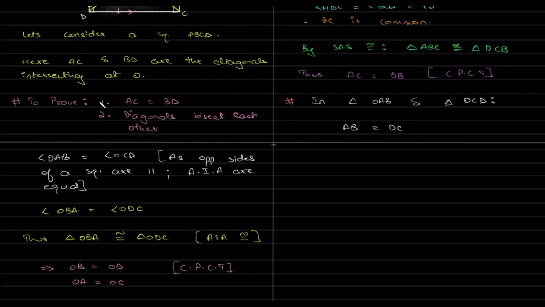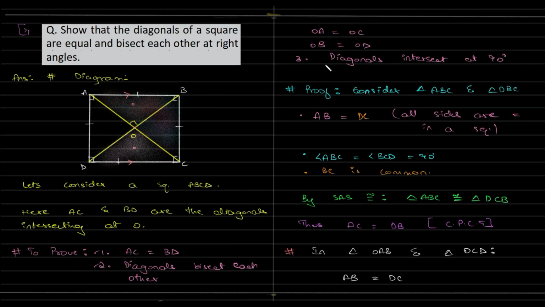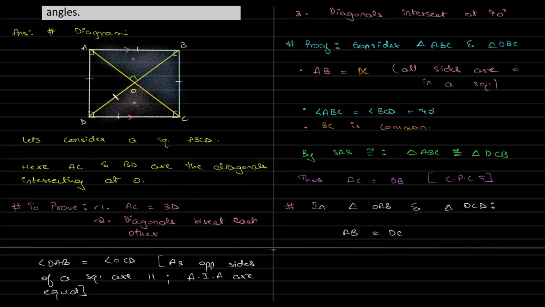Okay. So second part of the theorem is done, and the last part, diagonals intersect each other at 90 degrees. So basically we need to show that just one of the angles is 90 degrees, so we are pretty much done. So for that we have to consider, okay, this is getting too crowded, triangle OAB and OCD. If I prove that these two triangles are congruent, we are done. So neighboring, let me consider, okay, those only, AOB and BOC.